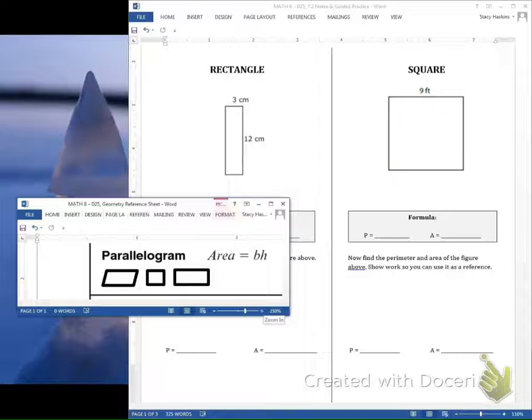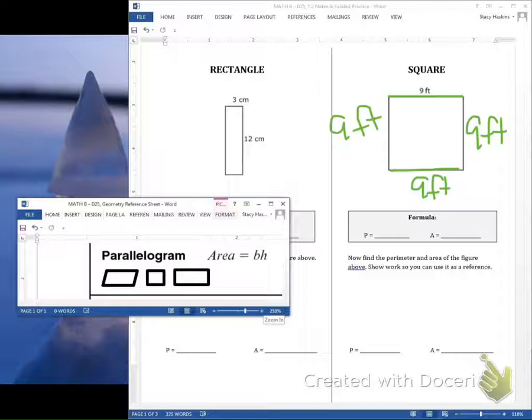Because like in this drawing here, we're told that only one side is 9 feet. They assume that you know that all sides of a square are the same length. Obviously, the side parallel to it would also be 9 feet, but you also have 9 feet on all sides. 9 feet, 9 feet, 9 feet.